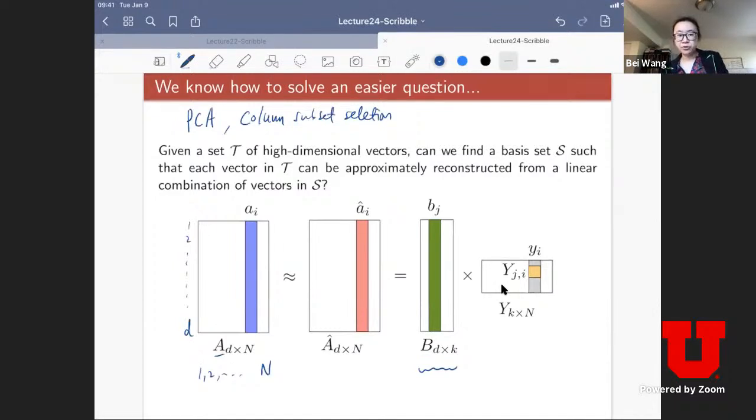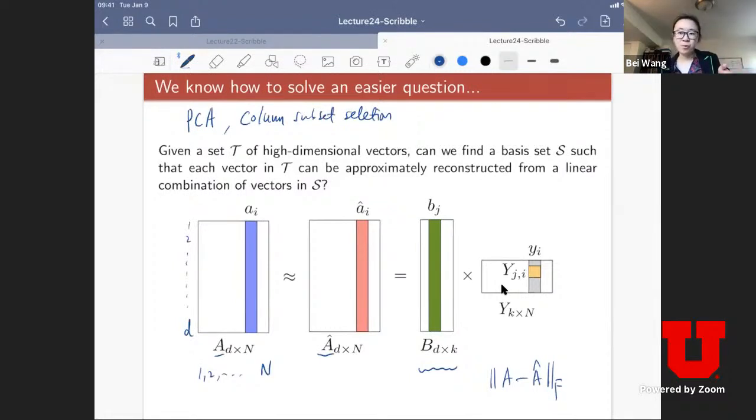Now, what I do is I try to find an approximation of my data matrix, called A hat. When I say approximated, there's some nice property I'm trying to preserve. For example, one example is to say A and A hat, their Frobenius norm, which is a norm to measure the distance between two matrices, are roughly close.